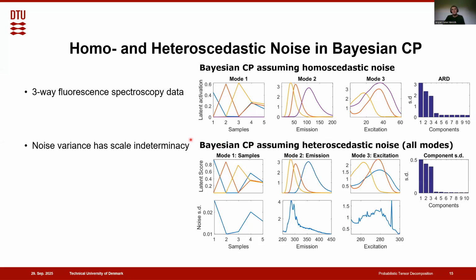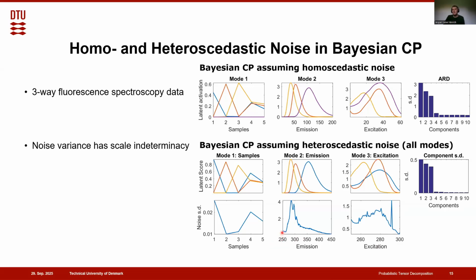And here, just to showcase what heteroscedastic noise means, we put a rank 1 factorization, or rank 1 approximation, of the full noise matrix. So we get a noise precision for every sample, every emission wavelength, and every excitation wavelength.